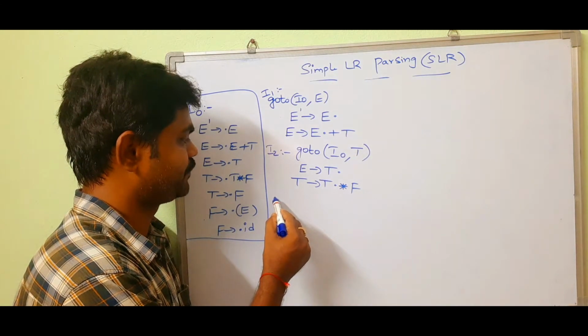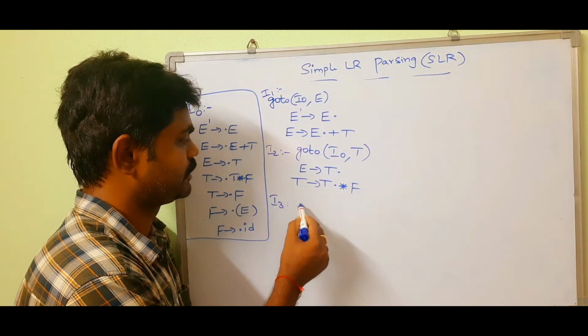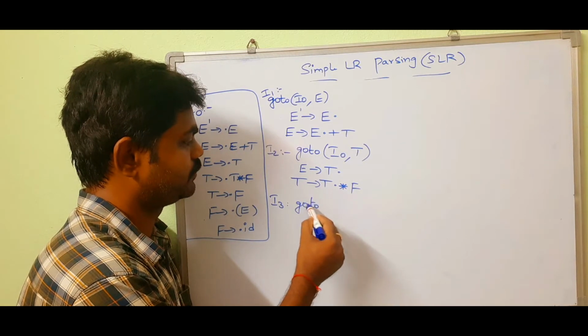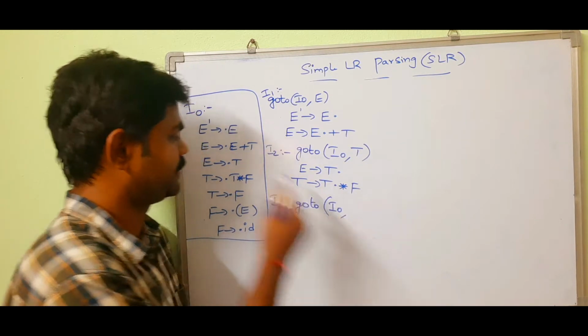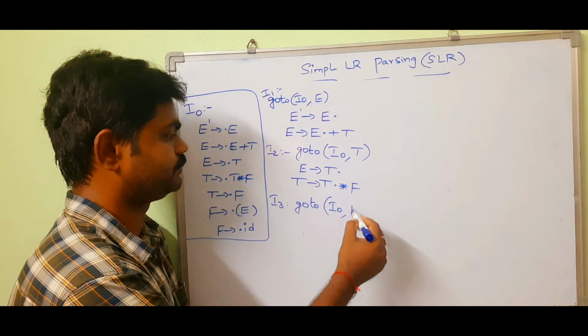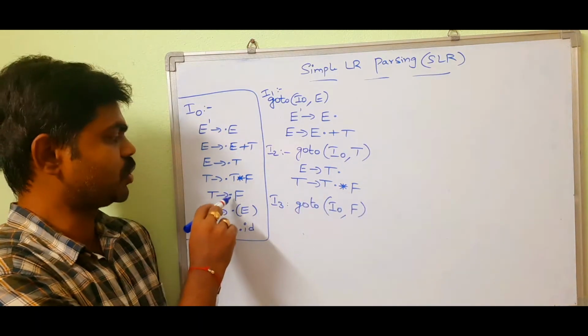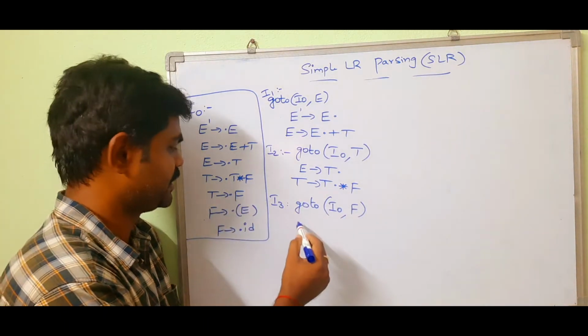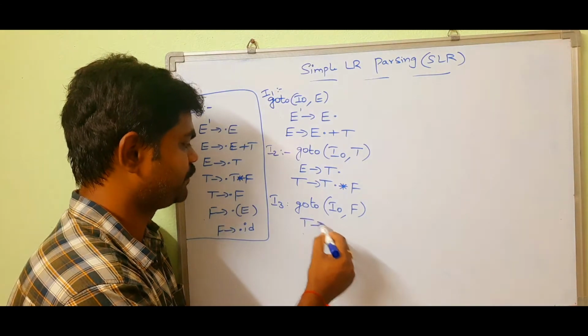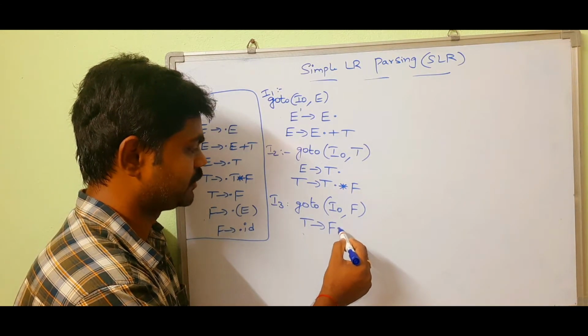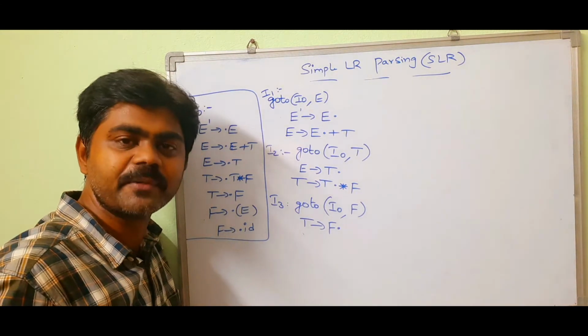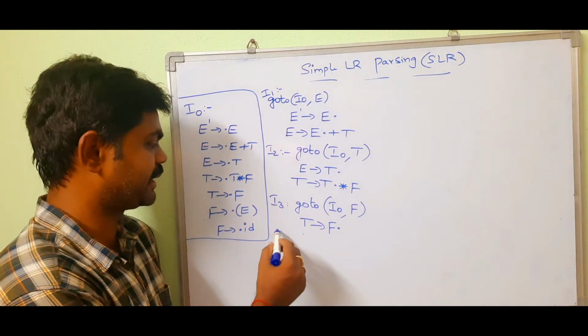Next I3. Goto of I0 comma F. So what we get? T tends to F dot. So dot reached the end of the position, so we can stop here. And I4.